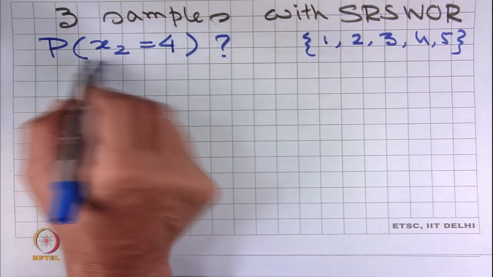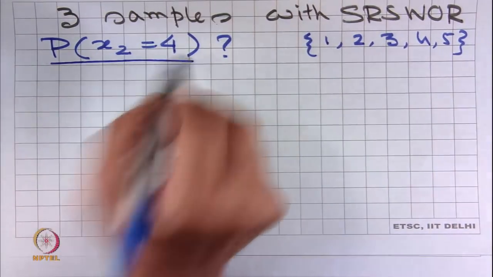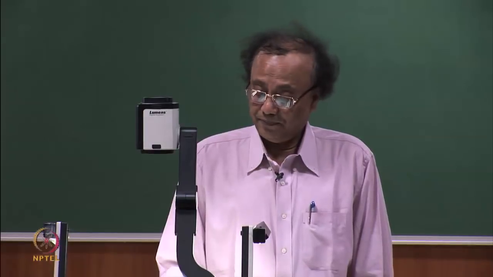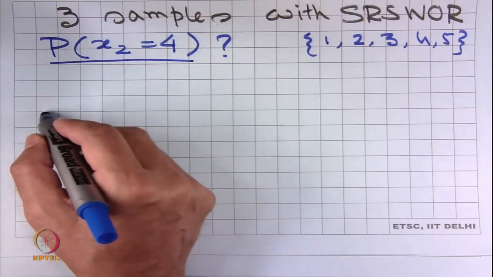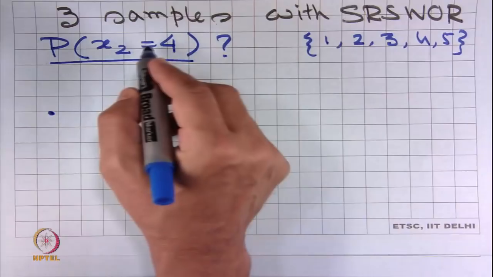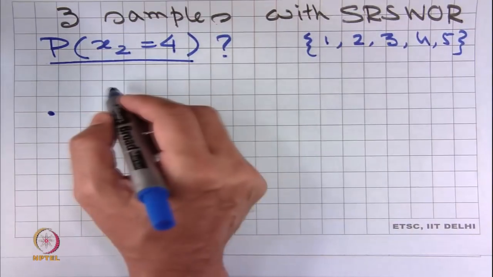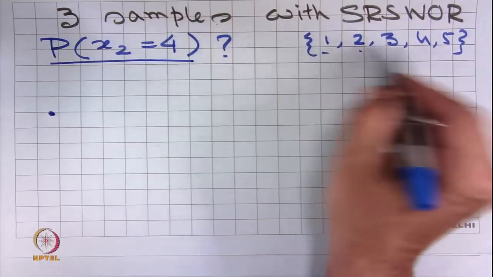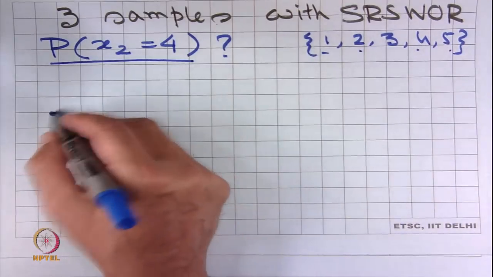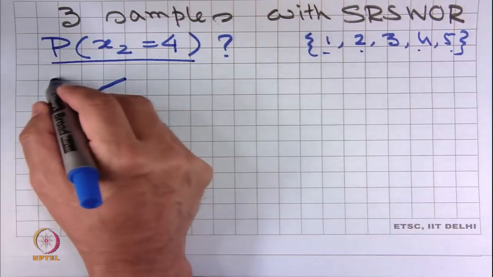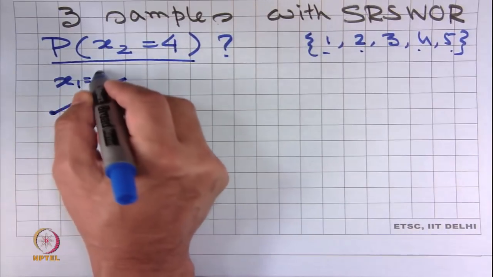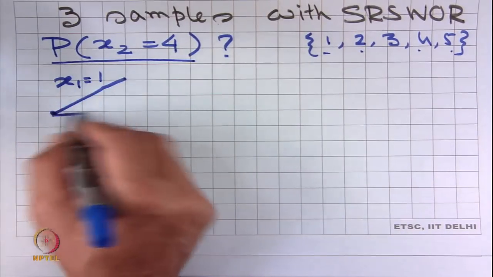Now, I want to show that this probability is also 1 by 5. Now, second sample equal to 4 means the first sample is not 4, it is one of the remaining things. Therefore, it can happen in the following ways.